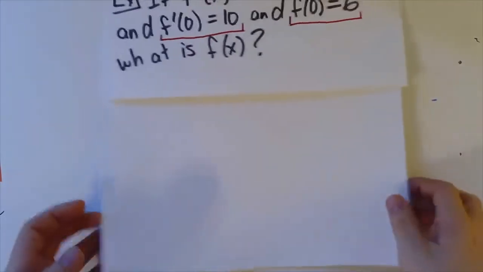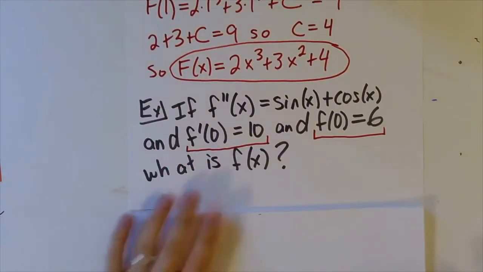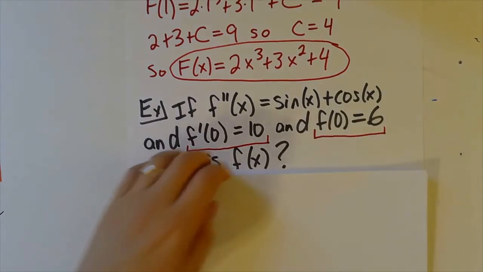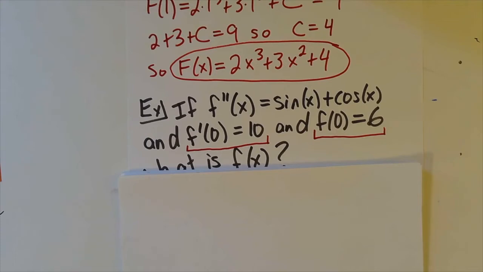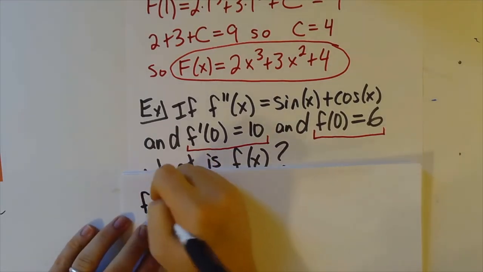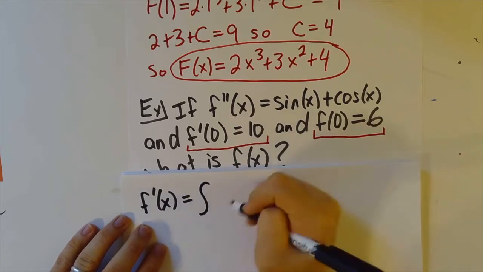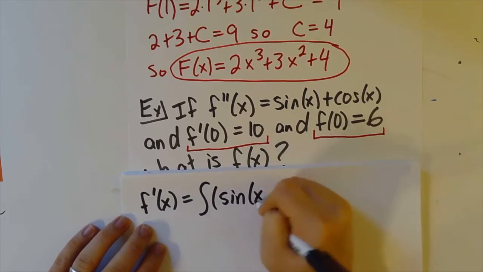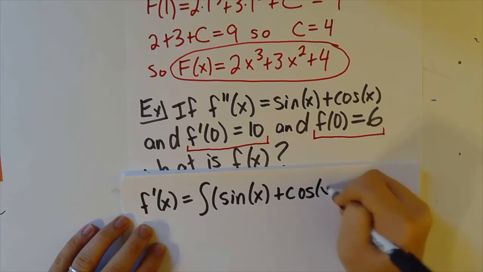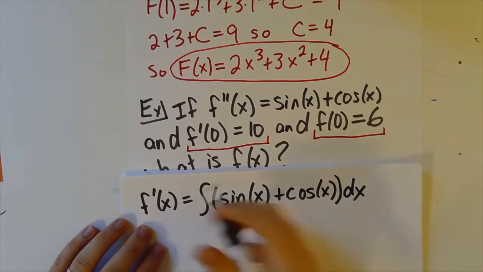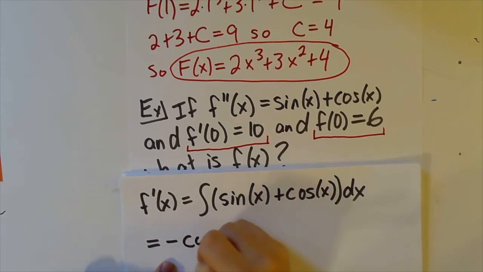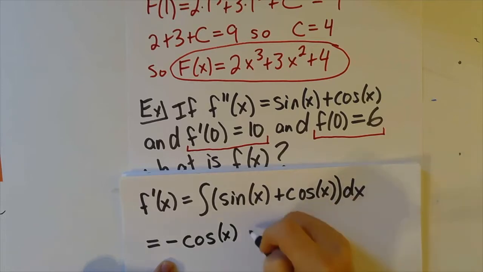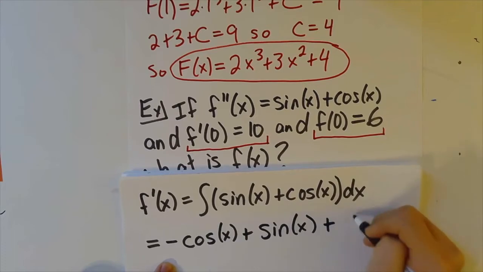So because f double prime is sine of x plus cosine of x, that means that f single prime of x is the integral of sine of x plus cosine of x dx, which is the integral of sine is minus cosine of x, I'll remind you from the last video, plus the integral of cosine of x is just sine of x, plus c.